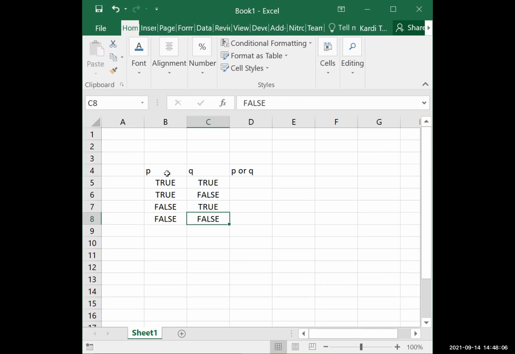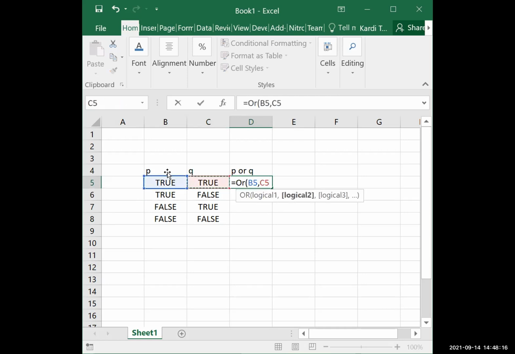So how do you put OR in Excel? Okay, so you put OR, this one, P or Q. So you say true and true, true. Okay, very good. So you copy, you make it on your own. And then tell me, what is the result? True, sir.